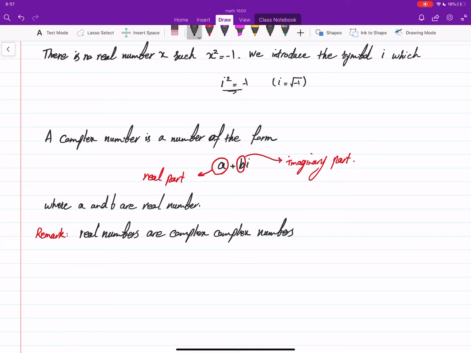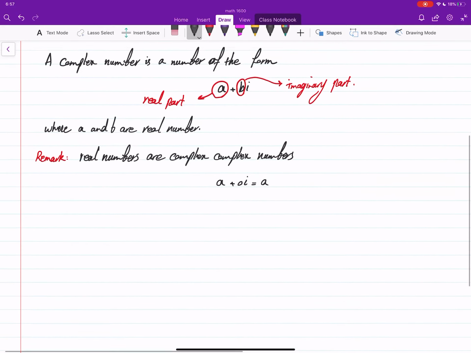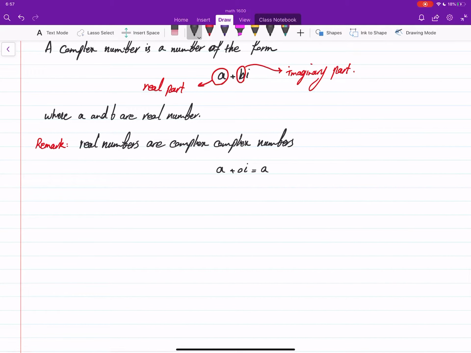Why? If I have a, any real number, plus 0 times i, this will have no imaginary part, and this is a real number. So every real number is basically a complex number with imaginary part equal to 0.